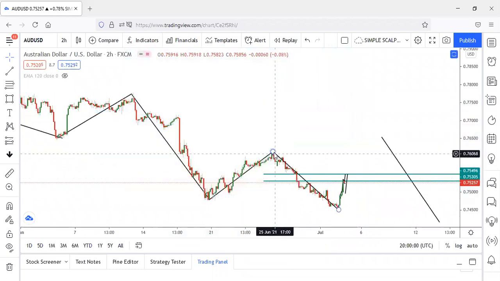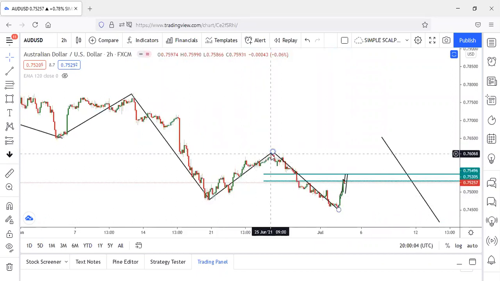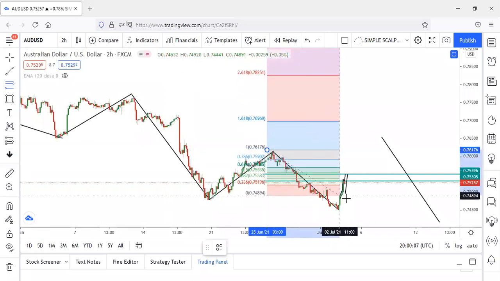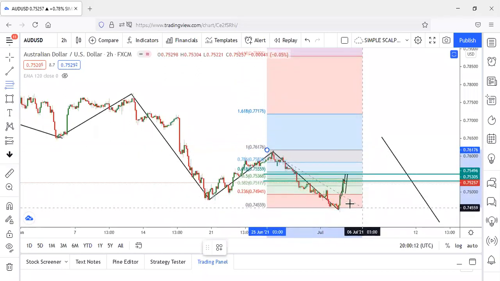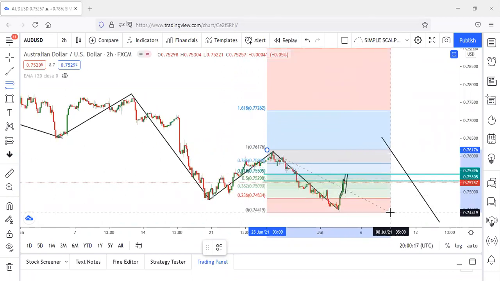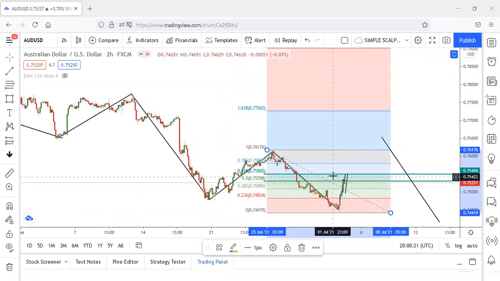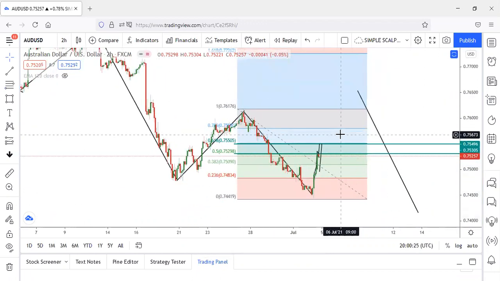With this move, since it has broken this structure, this is the last high. So we take the last high and draw it to the last low. We are waiting for price to come up to the right area before we take the trade.